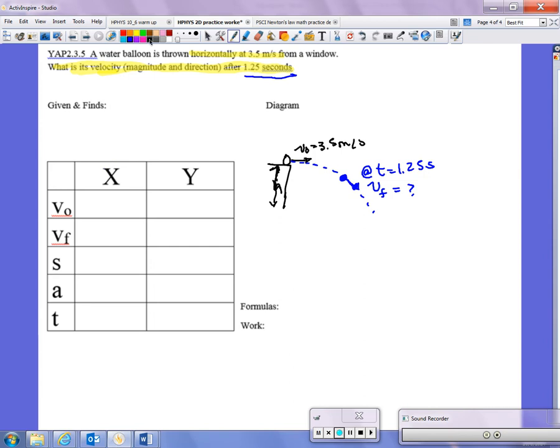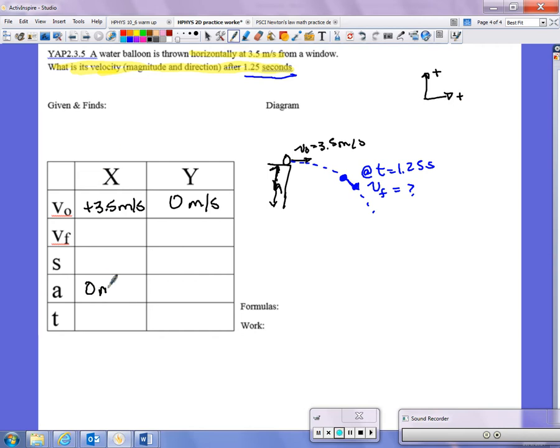So let's start filling in our table. So we know V naught is purely horizontal, so there's no vertical component of that initial velocity vector. My V naught in the x direction is plus 3.5 meters per second. You've seen me do this in other things where, because I'm using the standard reference frame, you do not have to do this. I'm just reminding you that that's what I'm doing.